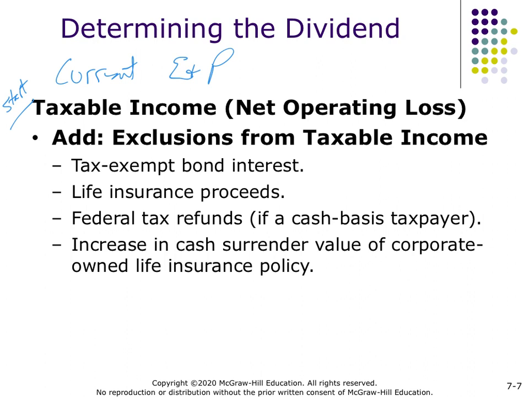Why? Because remember, earnings and profits is your economic situation, and tax-exempt interest absolutely, right, impacts your economic situation. Okay, so all of these things are additions to taxable income in order to get to earnings and profits.